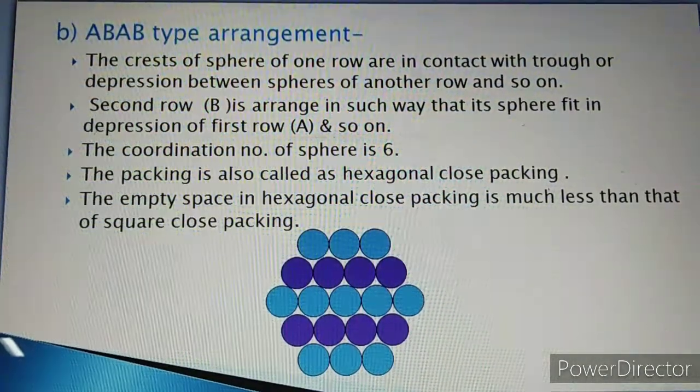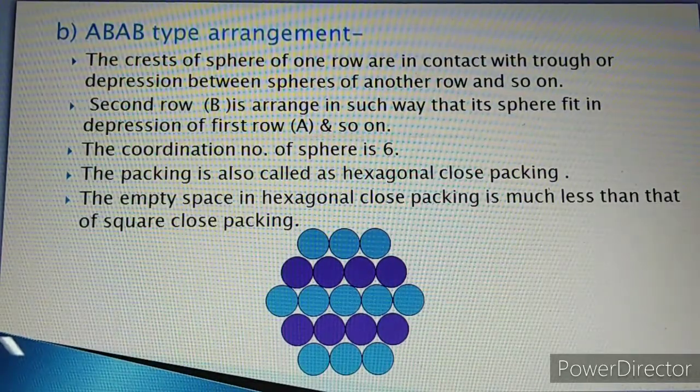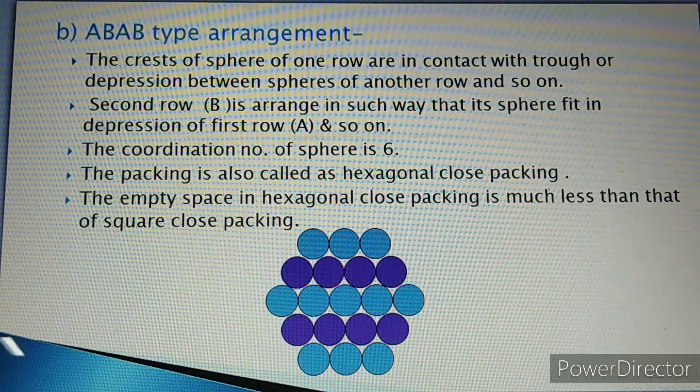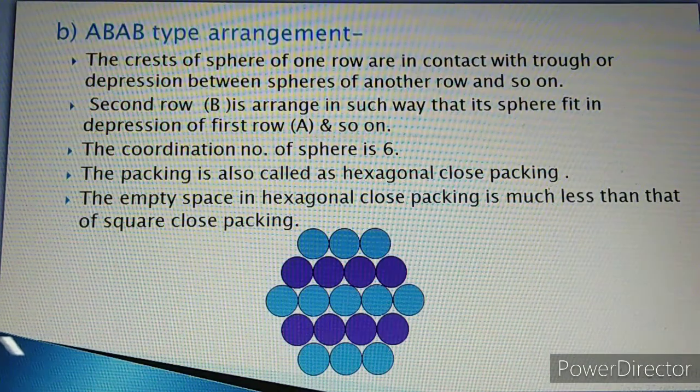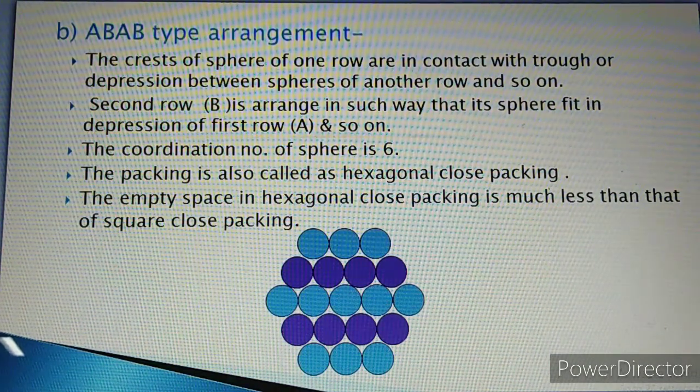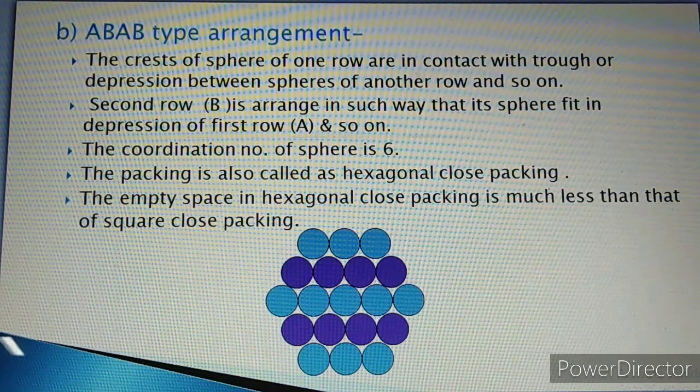If you observe the diagram, see the difference between these two diagrams, the first one AA type and the ABAB type. In ABAB type, two different spheres are given, which for convenience we indicate by different colors, light blue color and violet color. The blue color spheres have depressions. In between the depressions of the blue color spheres, there is the second row, the violet row. It is present in the depression of the first layer.